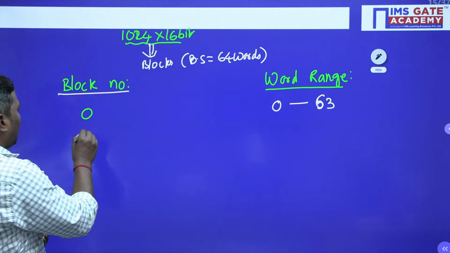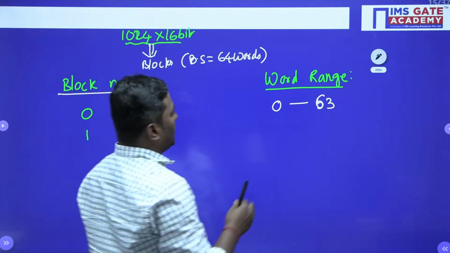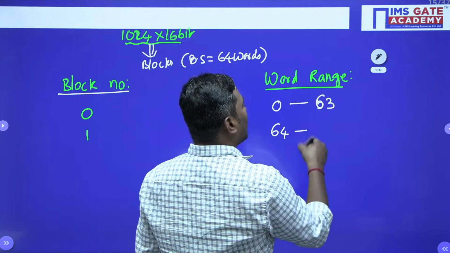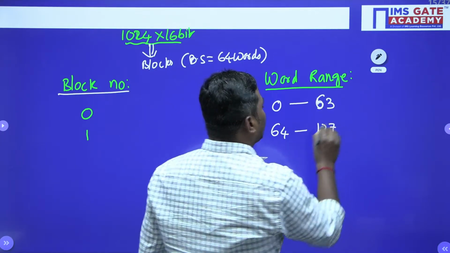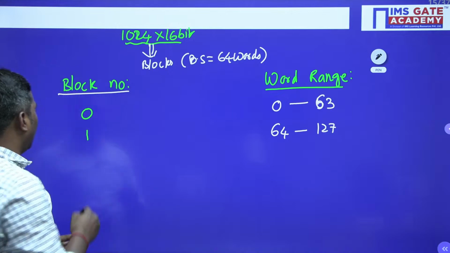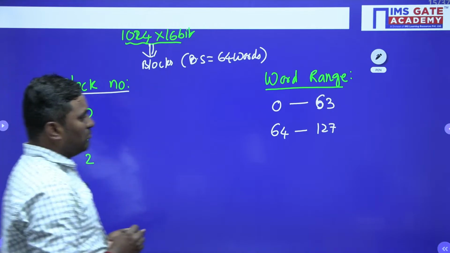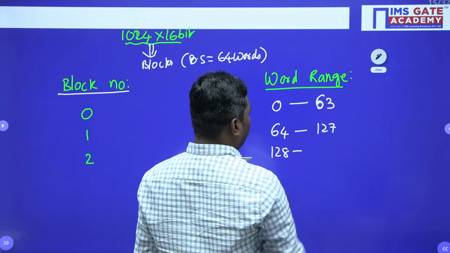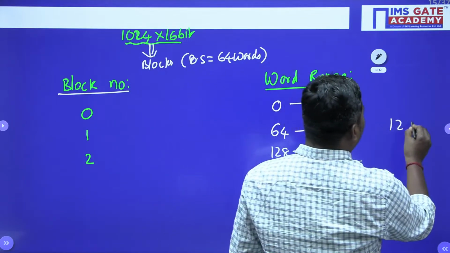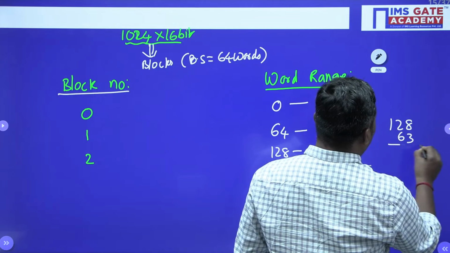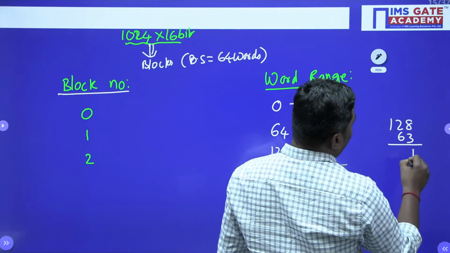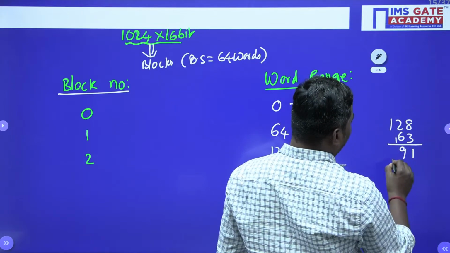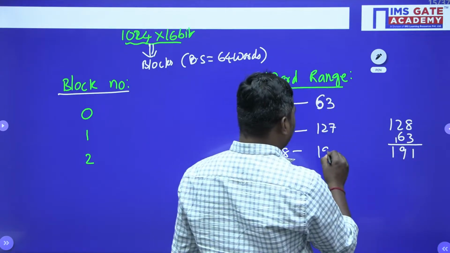Suppose I take block number 1. Block number 1 starts from 64 onwards, 64 to 127. Correct. Now block number 2: 128 to 128 plus 63, which is 191.